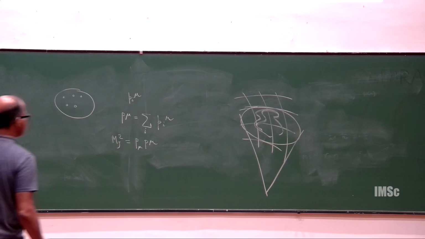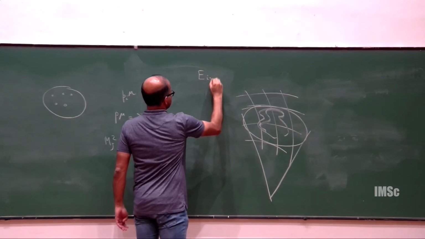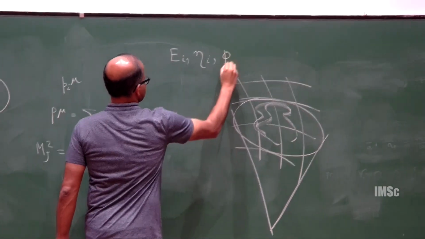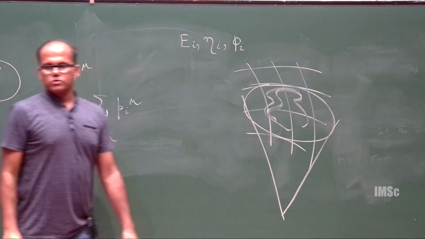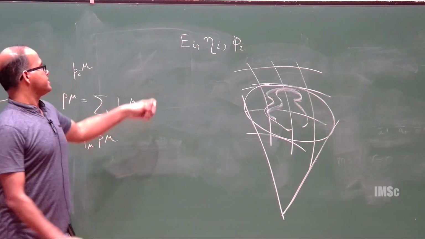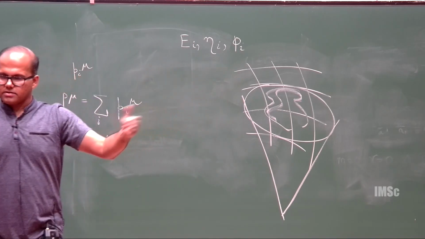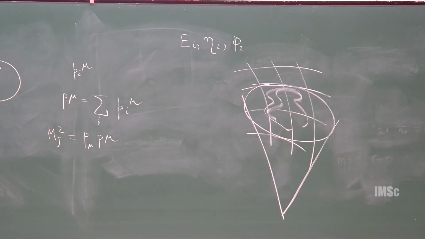So for the i-th cell, you have three pieces of information: E_i, eta_i, phi_i. Now you impose by hand that those individual cells are massless, null components. So you have a zero-mass particle with energy E_i, eta_i, phi_i. You get a four-vector for each energy cell, and then you feed that to the jet clustering algorithm.